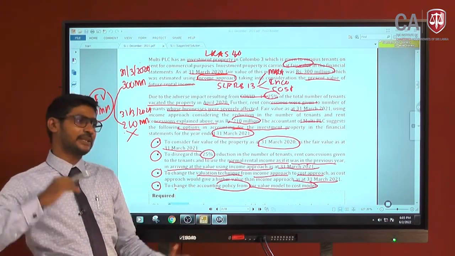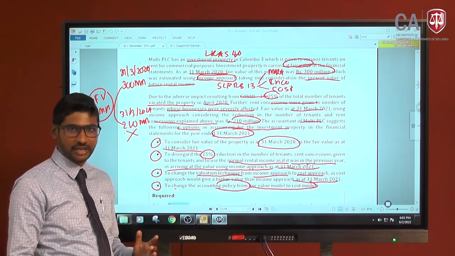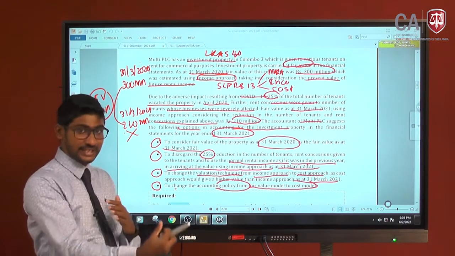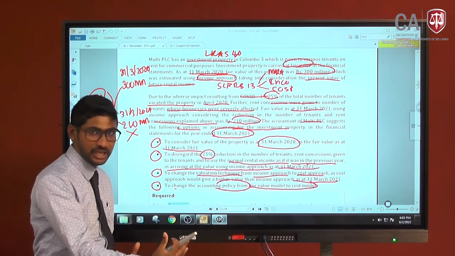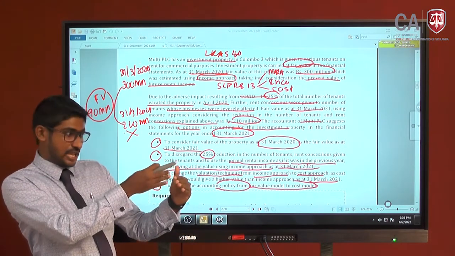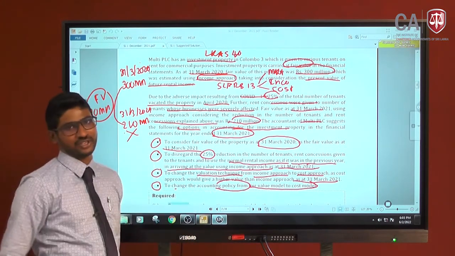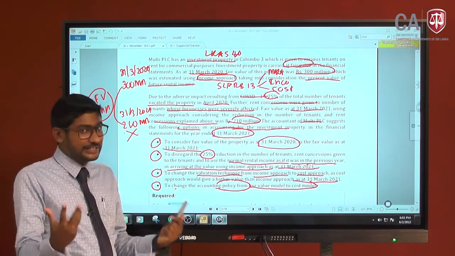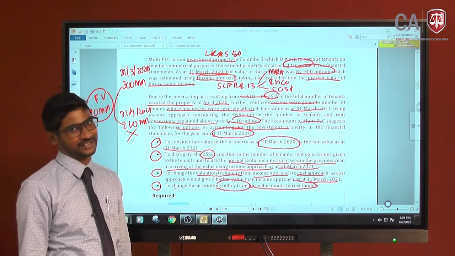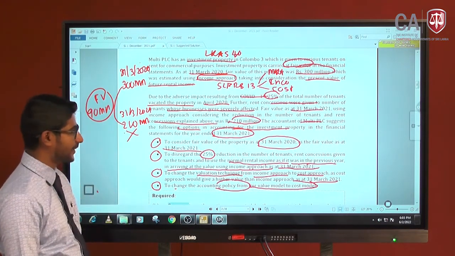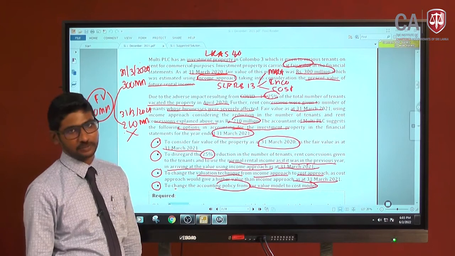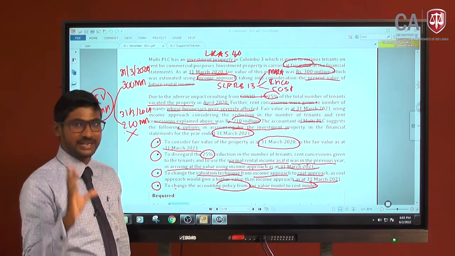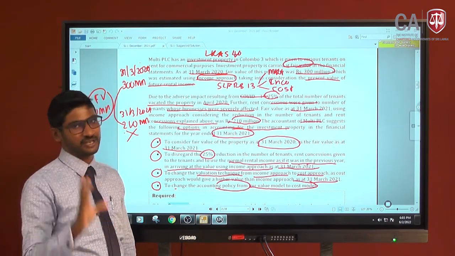Fair value is basically the price received to sell an asset or paid to transfer a liability in an orderly transaction between market participants at a specific measurement date.